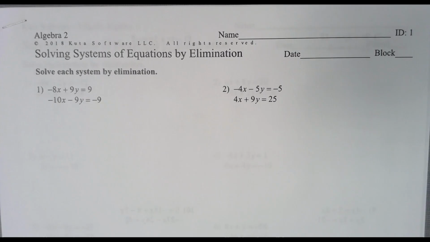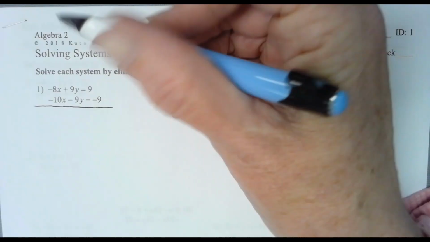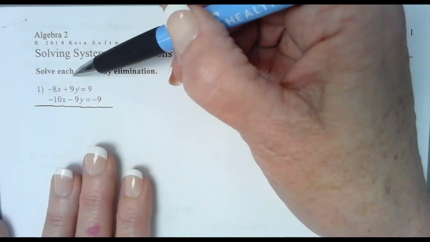Attention, okay. So what I want you guys to do is, remember, one of these variables needs to go away. Straight down, straight down. Is there any variable that when I combine straight down, it is going to disappear? The 9y, then combine a positive 9 and a negative 9.